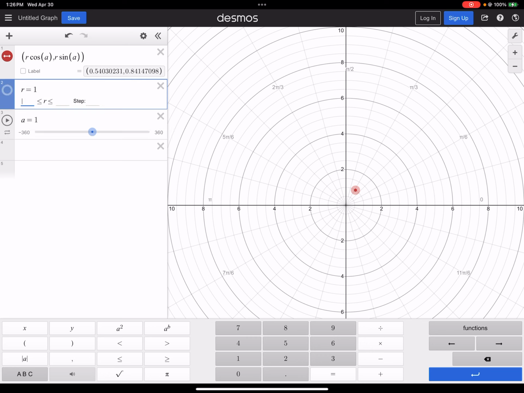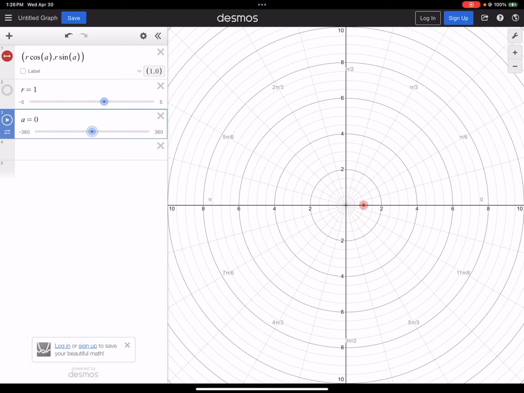This one can be -5 to 5 with a step of 1, and we'll do a step of 15 here. Now this allows me to move sliders and let you see what is happening.